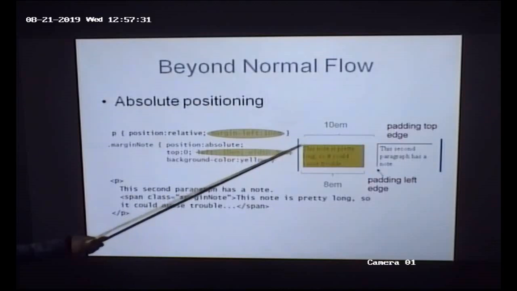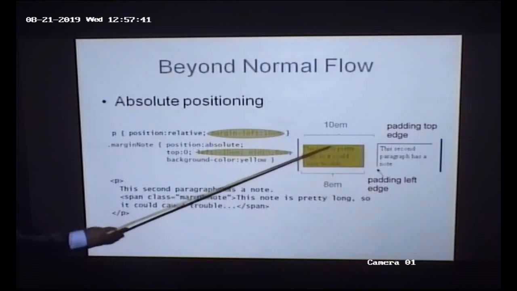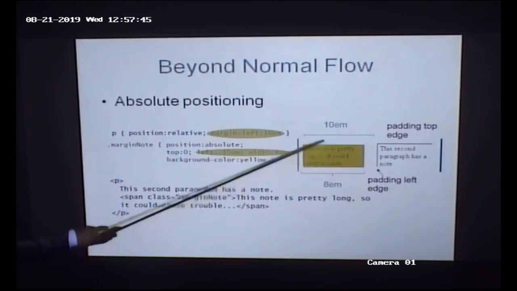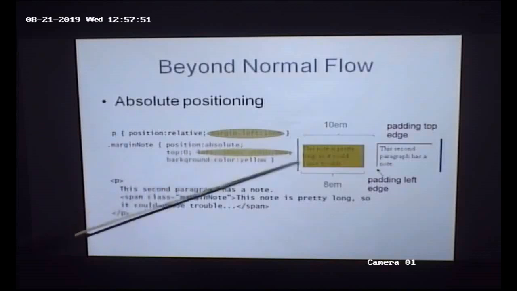Top is equal to 0, left is equal to minus 10 em, and width is equal to 8 em. So this margin-note is adjusted, and how is it adjusted? It is adjusted with position relative, with the previous paragraph.